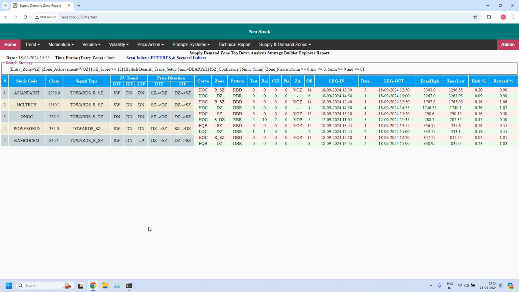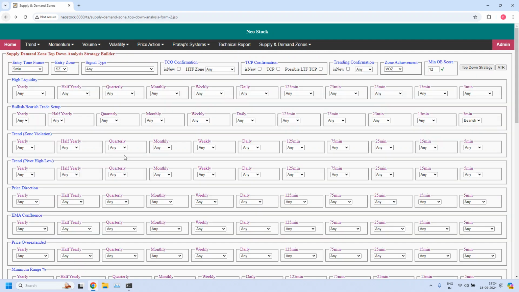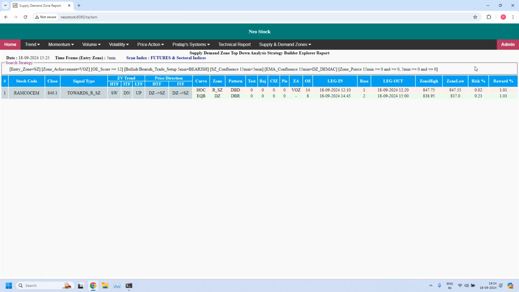So it's a high probability setup. To further add for more probability, let us check any of these 15 minute zones are having a daily EMA confluence. In the EMA confluence, 15 minutes time frame, with daily EMA confluence, 1 stock is filtered. Good. So it is a high probability setup.